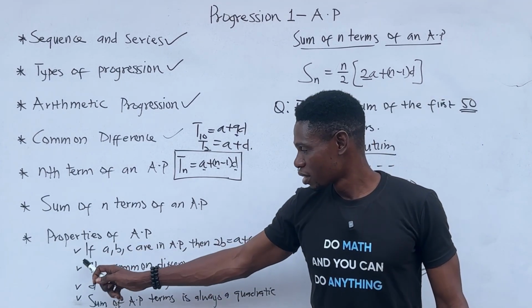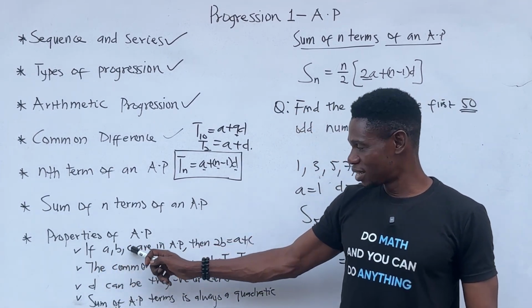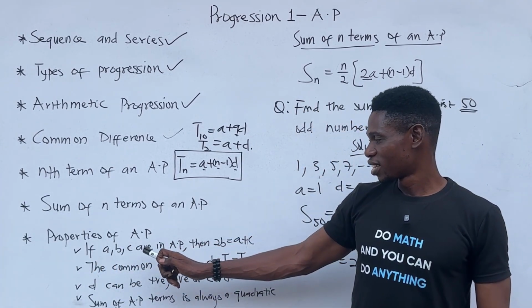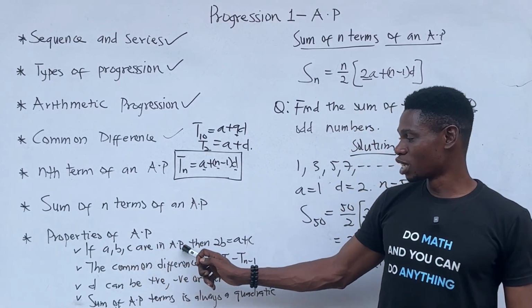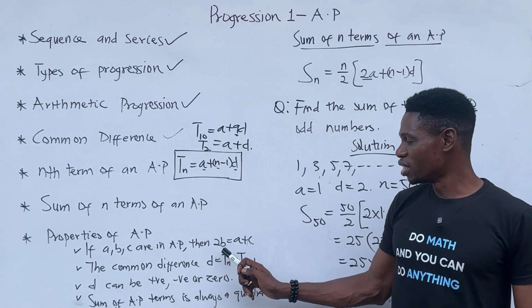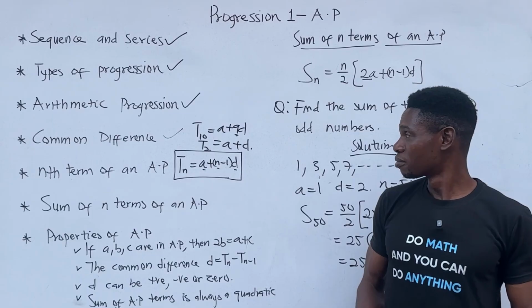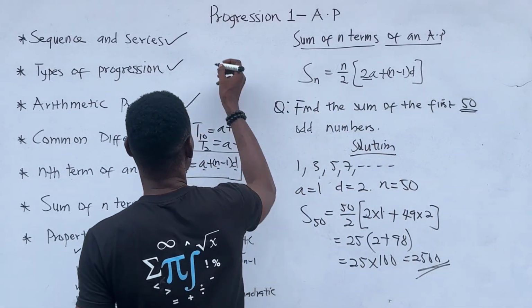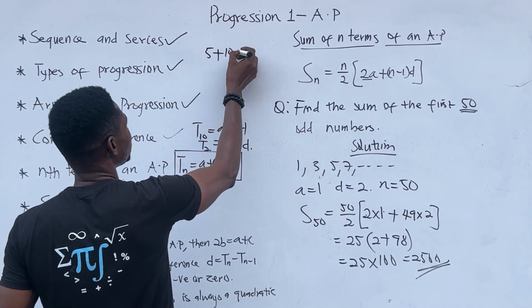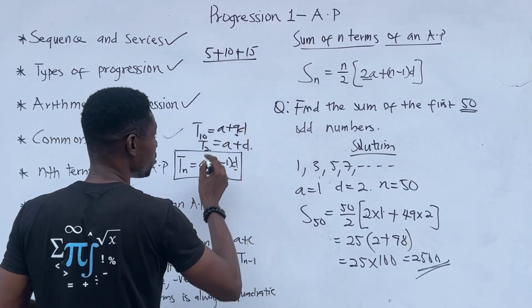So 1, if A, B, C are in arithmetic progression, then 2B equals A plus C. Let's say 5, 10, 15. These 3 are in AP, right?